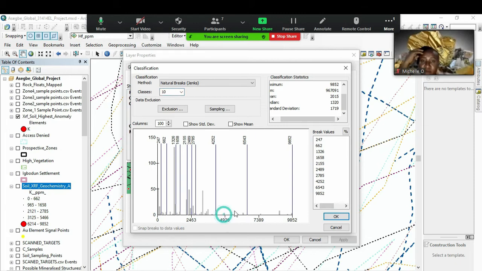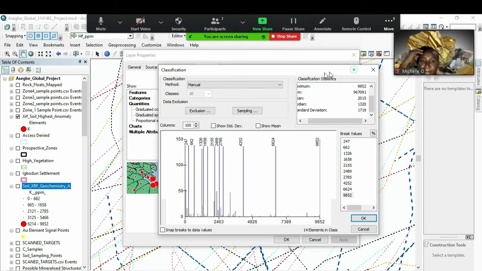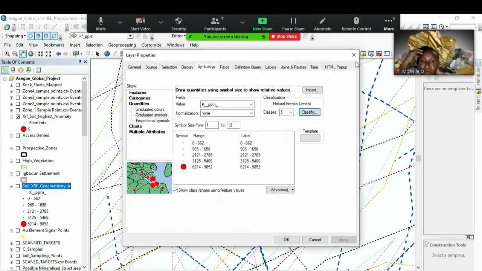So the entire region from here, all this is actually an anomalous zone. And that's actually what is plotted here, and you can see the highest number, we'll have 9852. That is almost 10,000 ppm.